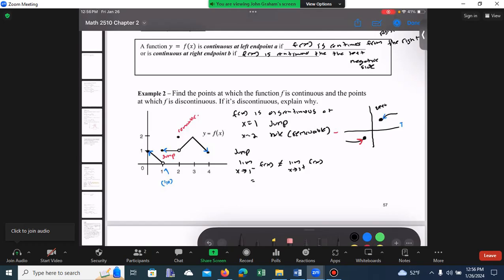The negative side equals 0, the positive side equals 1. So those limits are not equal. That's why a jump is not continuous.